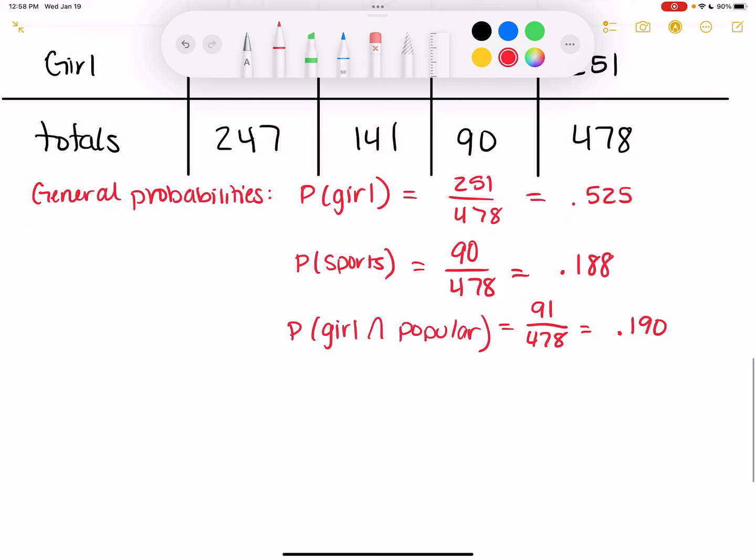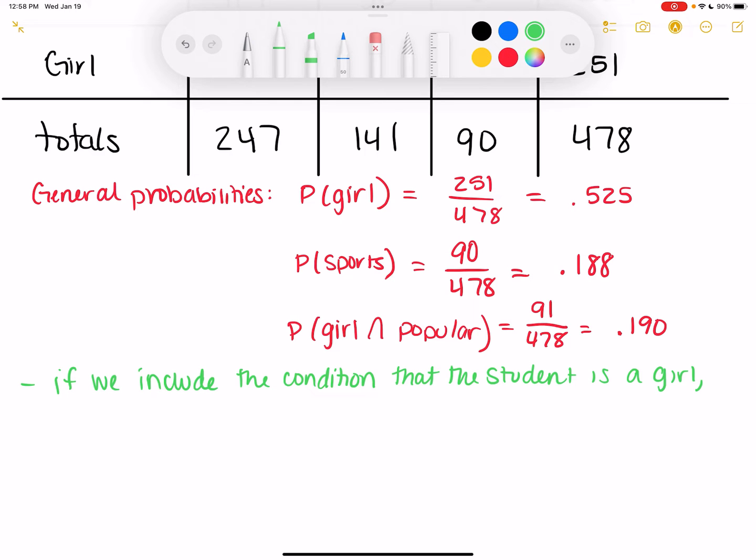So then, we're going to continue this example here. If we include the condition that the student is a girl, we are dealing with conditional probability.